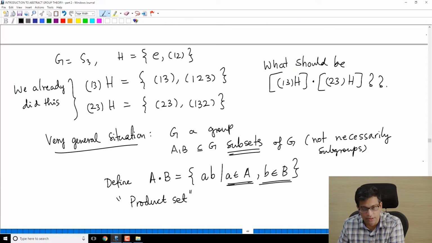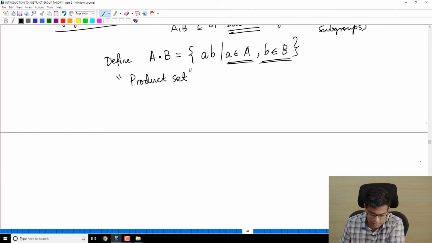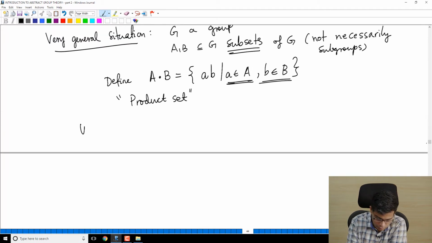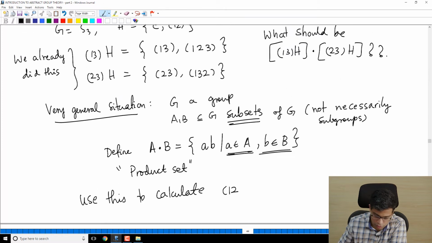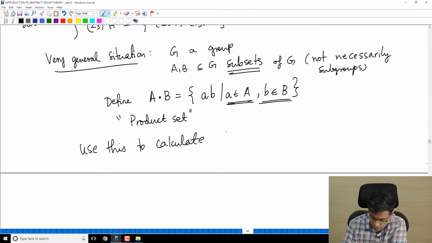Left cosets are nothing but subsets, and I have told you how to multiply subsets of a group. So using this, let's calculate the two cosets we are considering here, (1 3)H times (2 3)H.